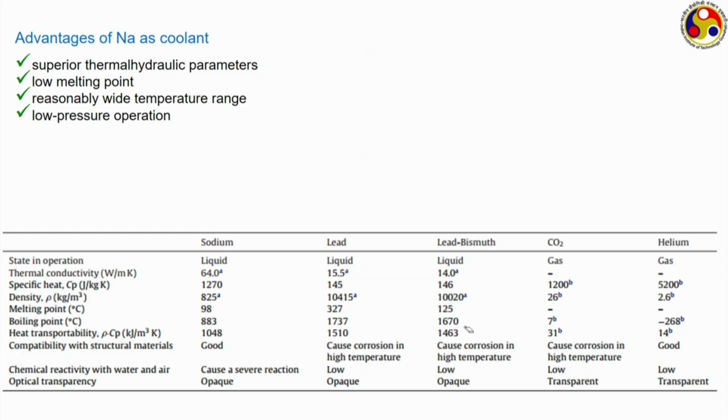The system can operate under atmospheric pressure only and still allow a decent temperature range for operation. Sodium is definitely inexpensive, and also it is compatible with stainless steel. Therefore, there are several points which generally make sodium the most suitable coolant, but lead is also not far behind.